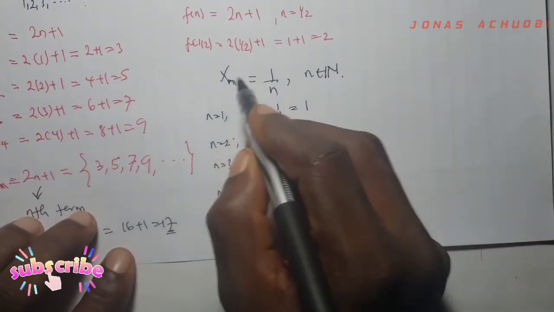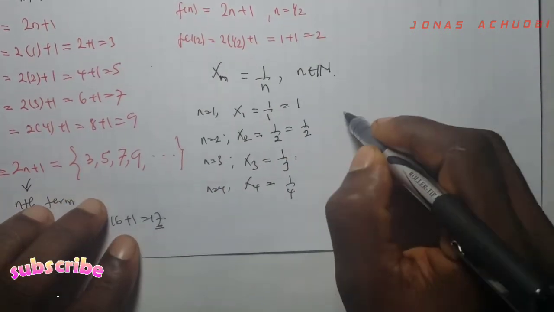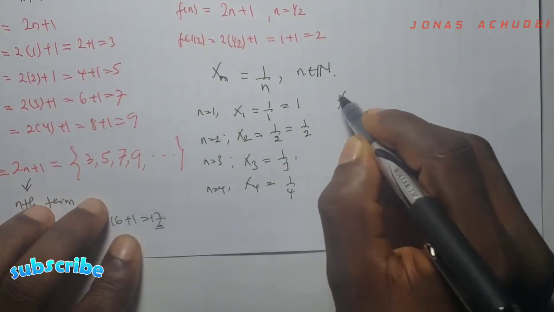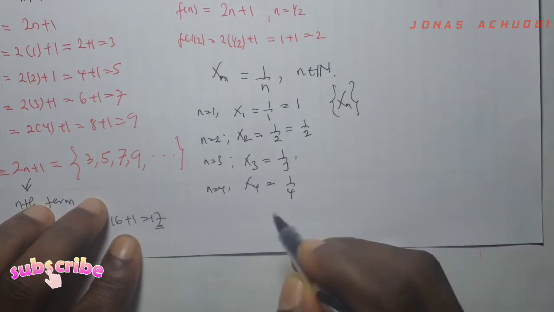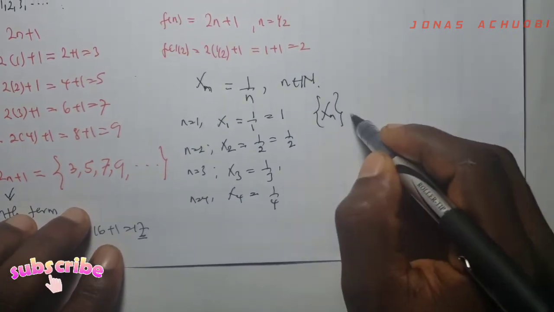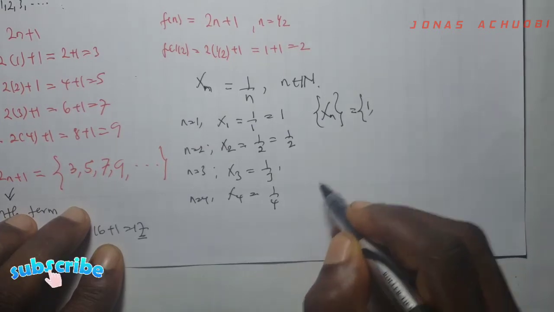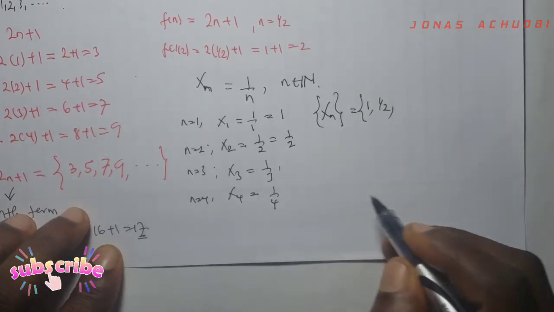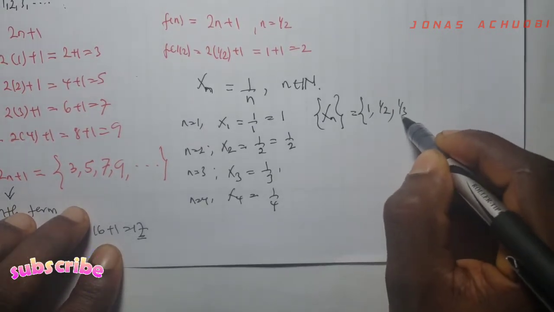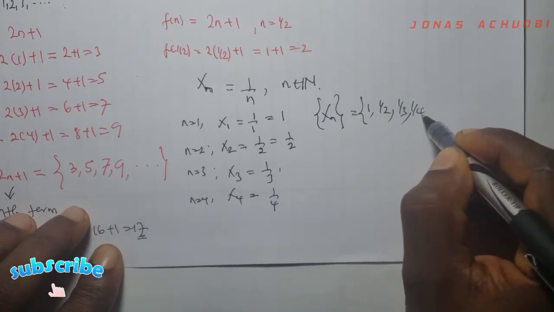So I can write out the terms of this sequence now. I can write my sequence xn, which normally we put between these two parentheses, is equal to: the first term is 1, the second term is 1 over 2, the third term is 1 over 3, the fourth term is 1 over 4.